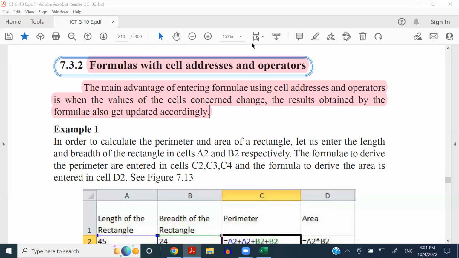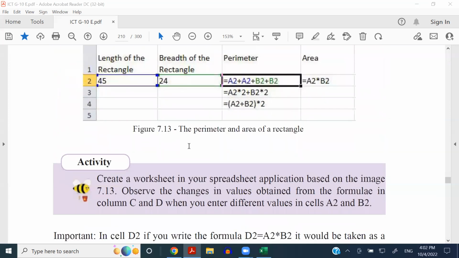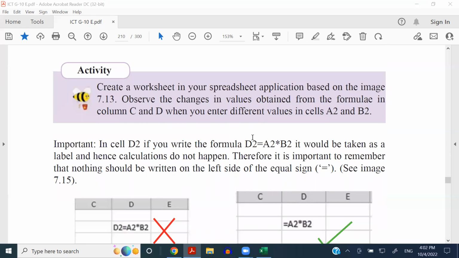Right, moving forward. We have to write a small example. We'll write the example something like this. Put the word example and show it like this. You don't need to write the D2 equals part, right?